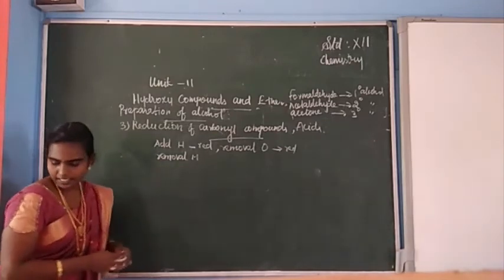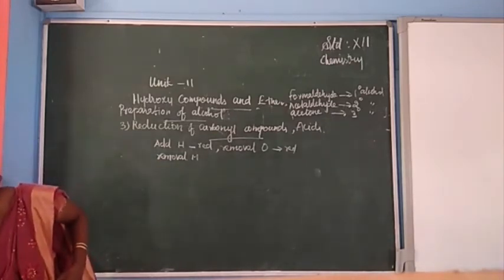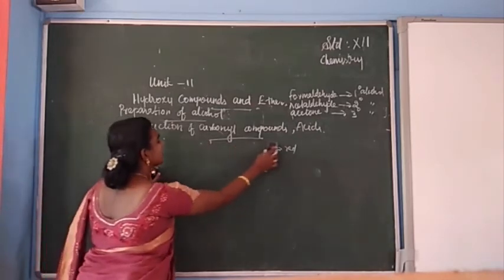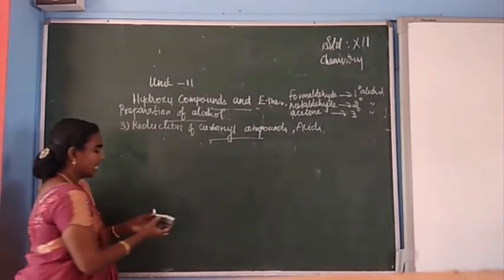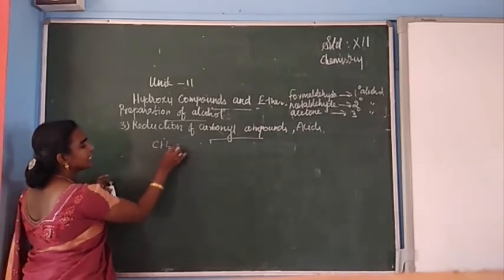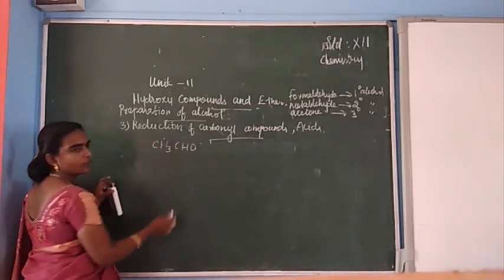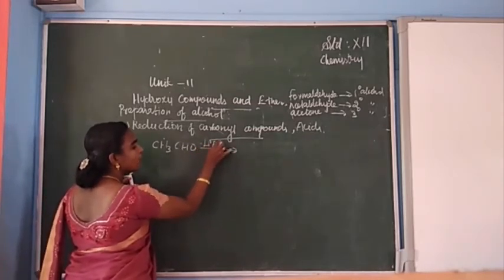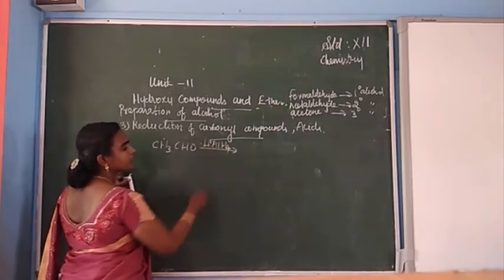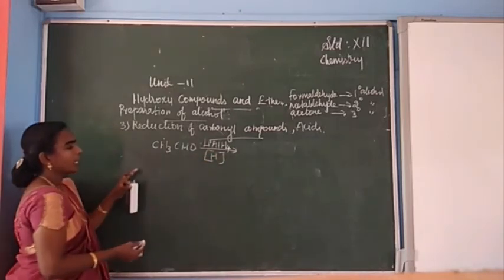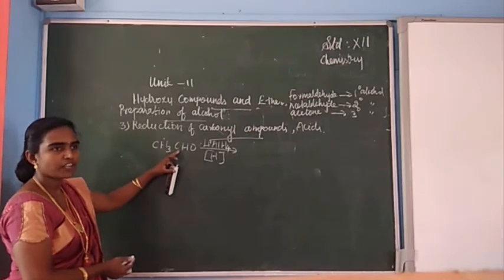Here we can see an example, acetaldehyde, CH3CHO. We are reducing this compound with lithium aluminium hydride. Reduction is addition of hydrogen.